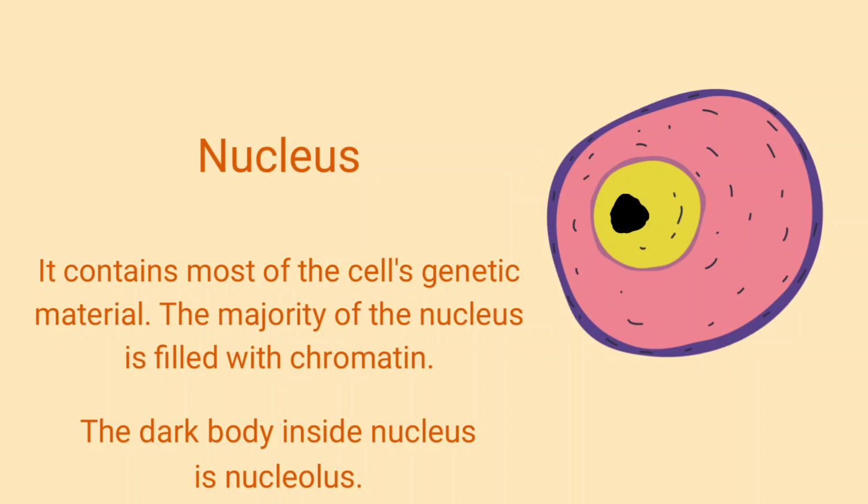We can see a dark body inside the nucleus, which is also known as the nucleolus. The nucleolus is the factory of ribosomes. As the nucleus controls the whole cell, it is also known as the brain of the cell, or the MD, meaning managing director of the cell. And the nucleus is a membrane bound cell organelle. It was all about the nucleus.